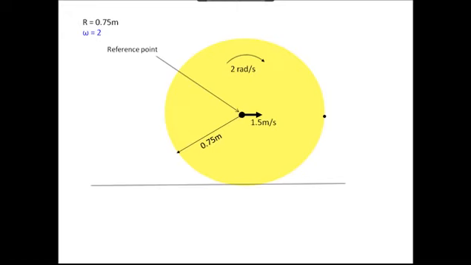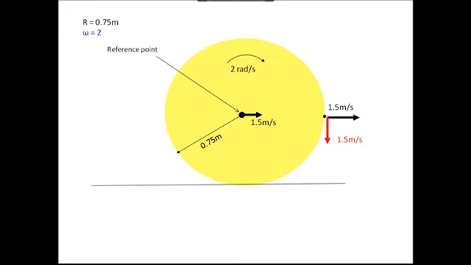Now, because the center, that is the reference point, and this point on the circumference are rigidly connected, one of the velocities which this point will have will surely be 1.5, the black velocity. But as you see, one additional red colored velocity is coming in. Now this velocity comes because while moving, the cylinder has rotated with 2 radians per second. And you remember the last slide, where that rotational velocity is r omega.